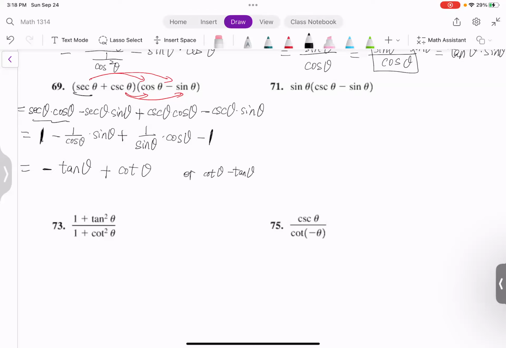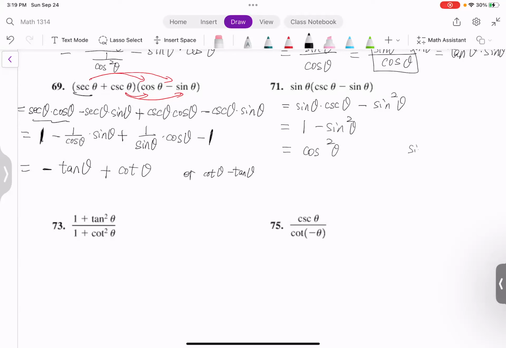Next one, if I want to distribute the sine theta in the parentheses, what do I have? I have sine theta times cosecant theta minus sine theta squared, and the sine theta times 1 over sine theta. Oh, the first one is 1. 1 minus sine theta squared, it is cosine theta squared.